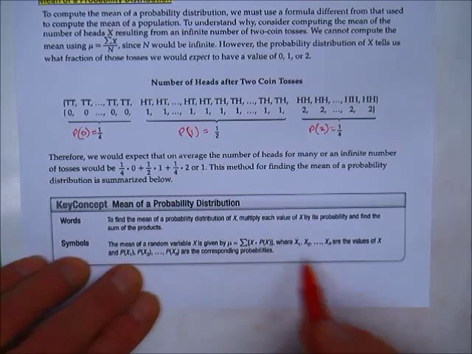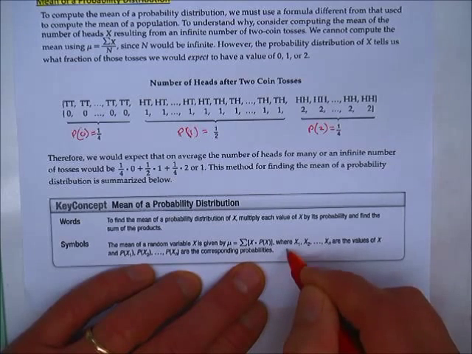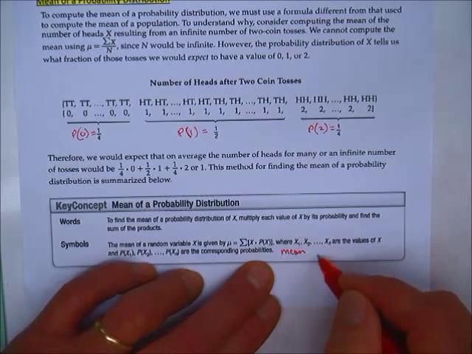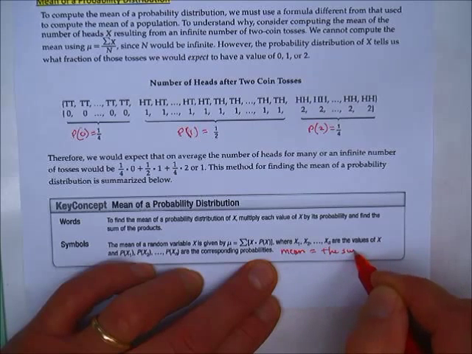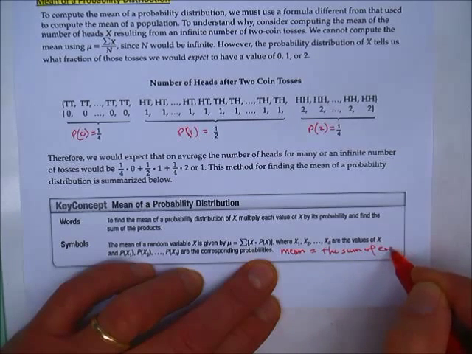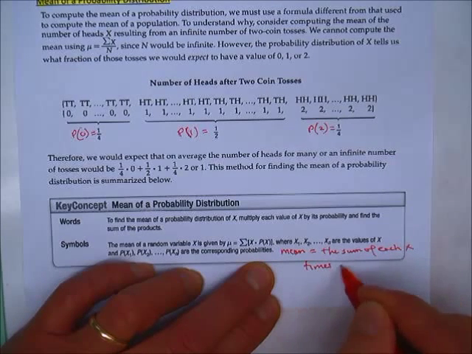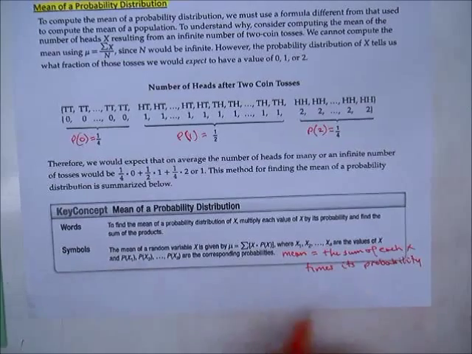We can use sigma notation here, but it all works out to be the same thing, where you could say that the mean of the probability distribution is equal to the sum of each x times its probability. Okay, so turn the page, we'll go to the next page.